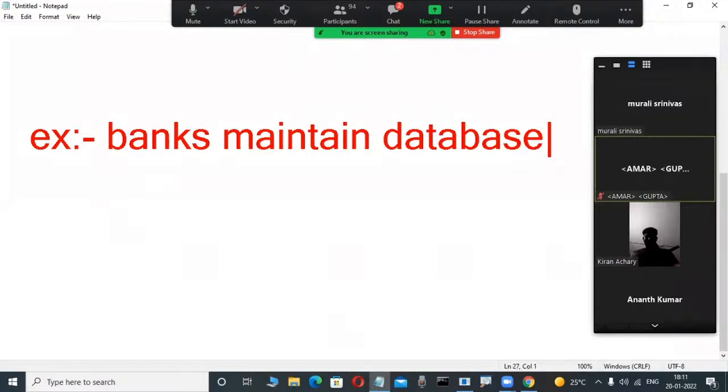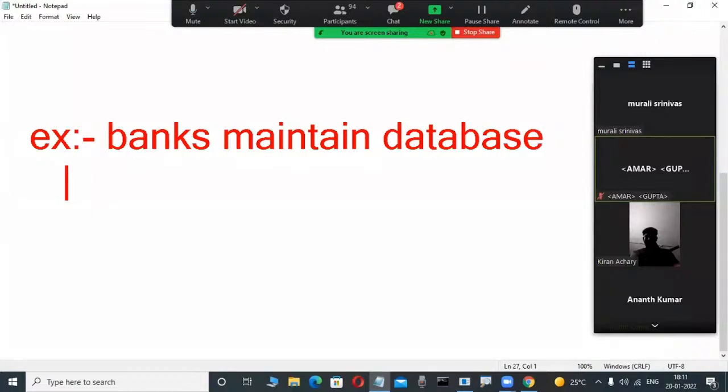Then only can we operate everything. That's why banks maintain databases.